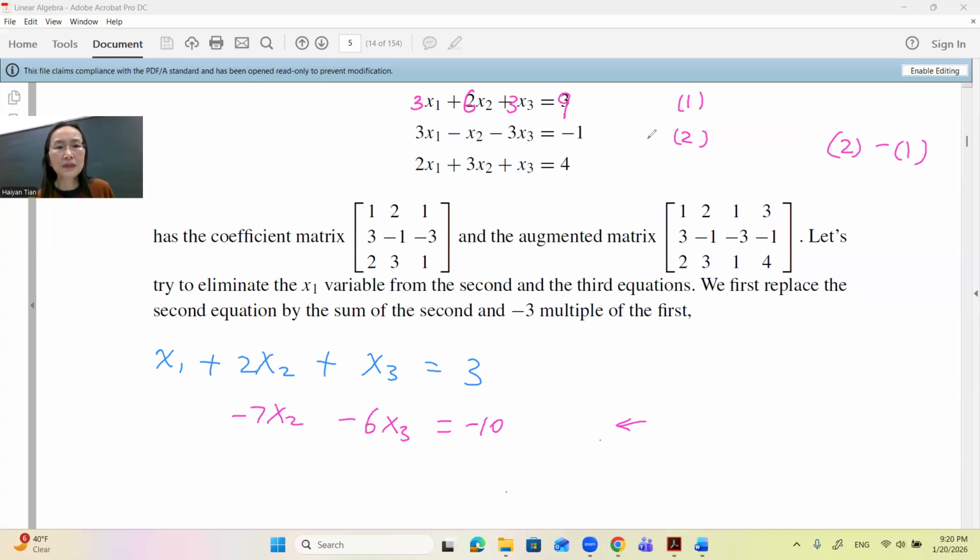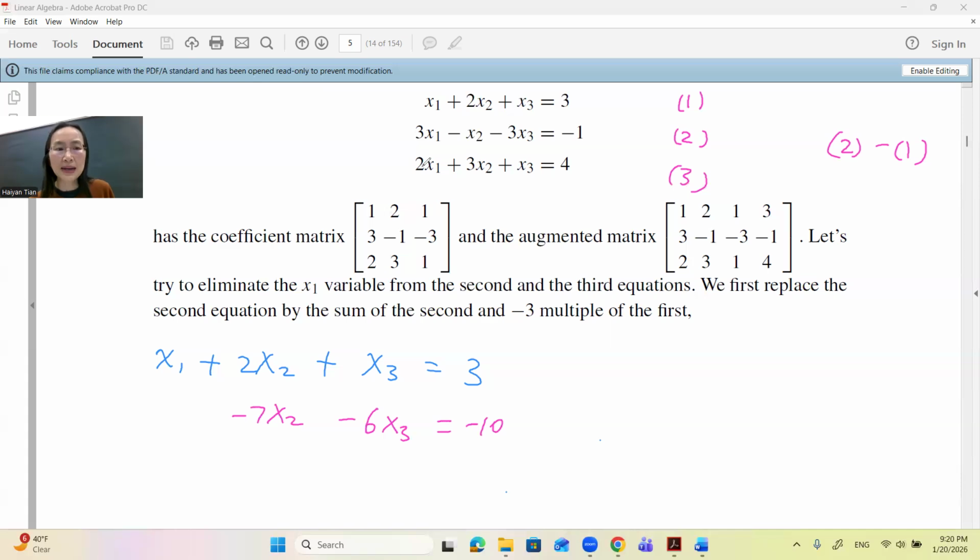Third equation. So now I still have the first equation I can use. How do I use the first equation now? I can make good use of it and revise the third equation. Let's compare the third equation with the first equation.